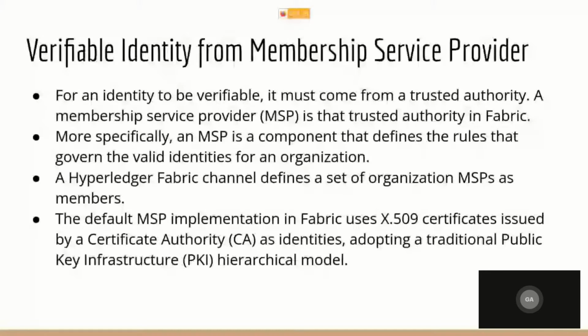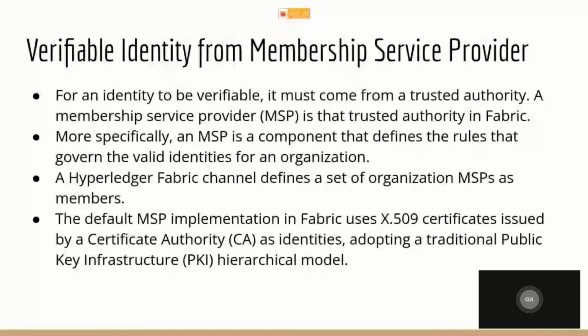So normally the identity verification happens from the membership service provider. Membership service provider is the trusted authority. It's a component that defines the rules for every organization in Fabric.